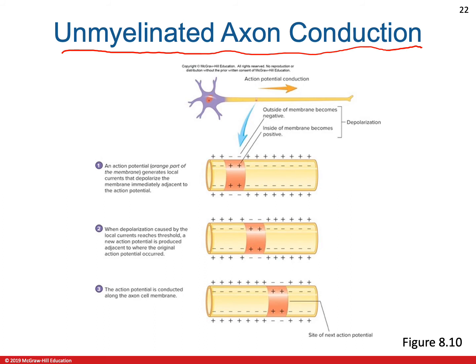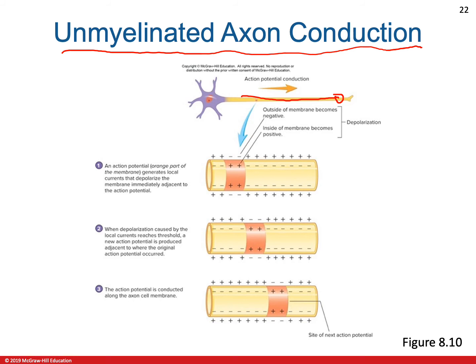The action potential conduction will travel from the cell body going to the axon, right? An action potential is the orange part of the membrane. It generates a local current that depolarizes the membrane immediately adjacent to the action potential.